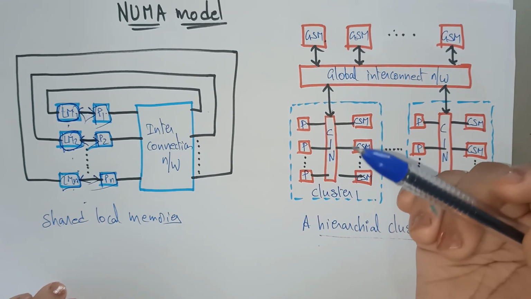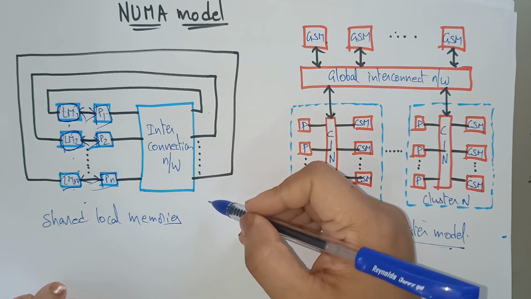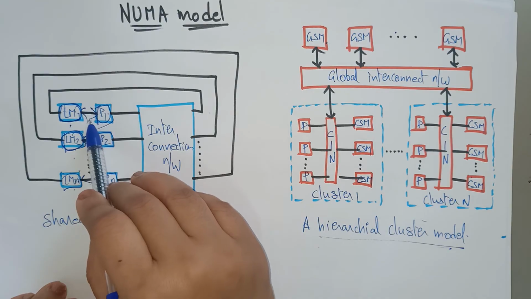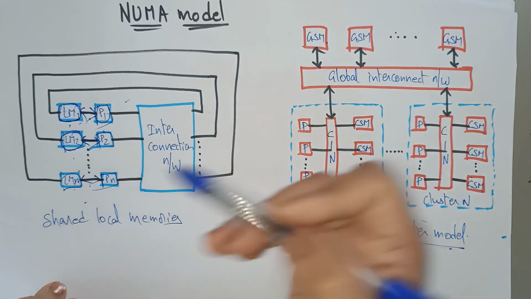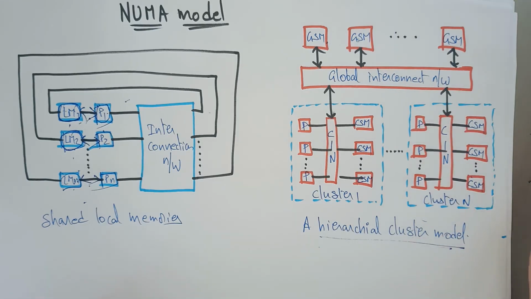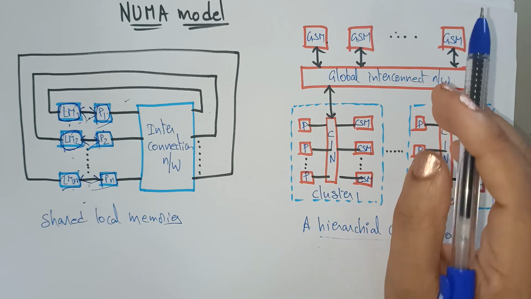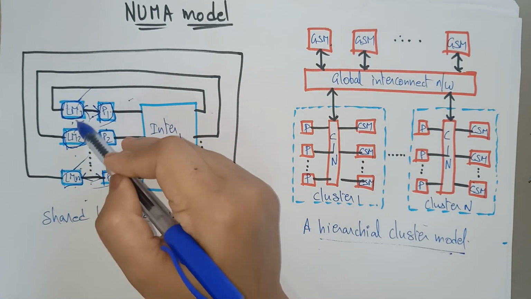Thus we named it non-uniform memory access, because memory access time is not equal here. Each processor has its own local memory, so the access time depends on whether the data is available in local memory or not. That is the important point.